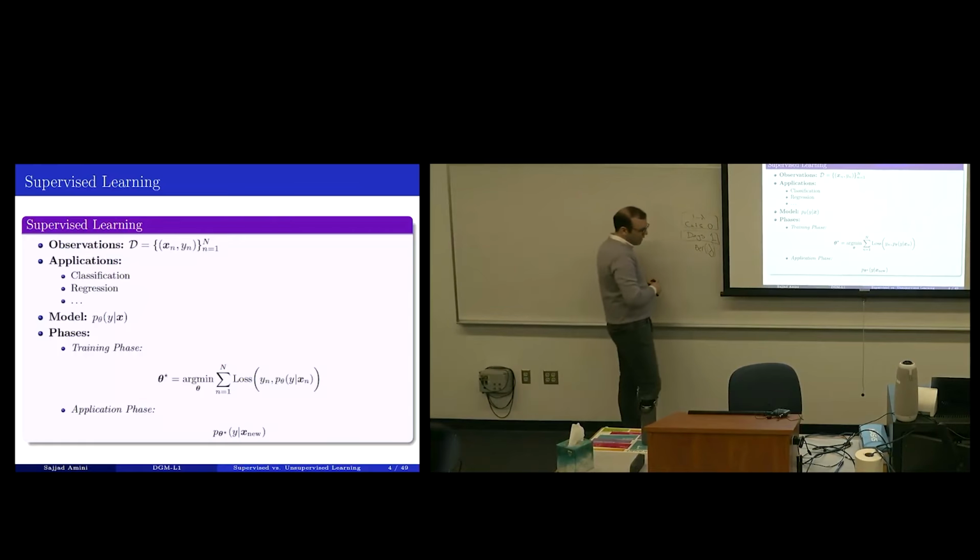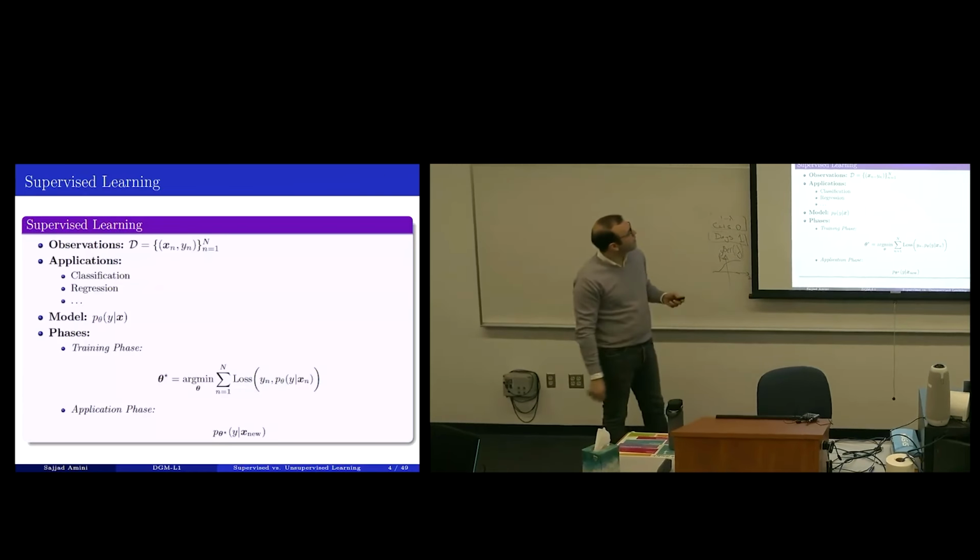This is because at the end of, for example, problems with two types of class, you have these functions which transfer you from the real numbers into a value between 0 and 1, because it is the parameter of a Bernoulli distribution, and it should be between 0 and 1.